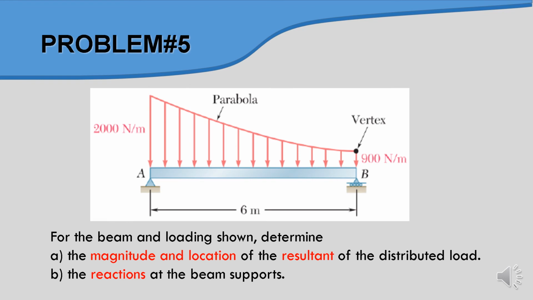So we proceed to problem number 5. In this case, a little bit different, the shape is parabolic. In order to get the surface area, we need to divide it into two: one is rectangular and one is parabolic.